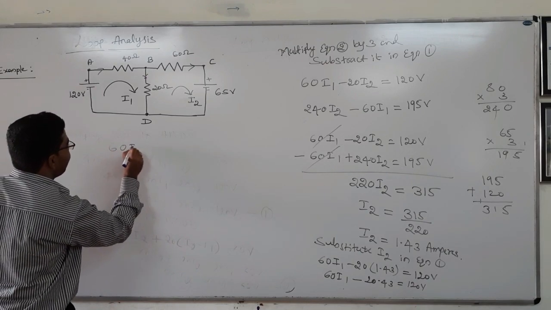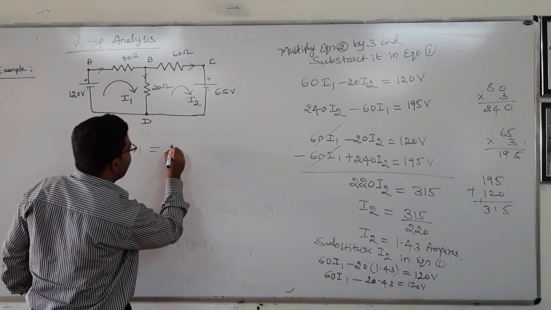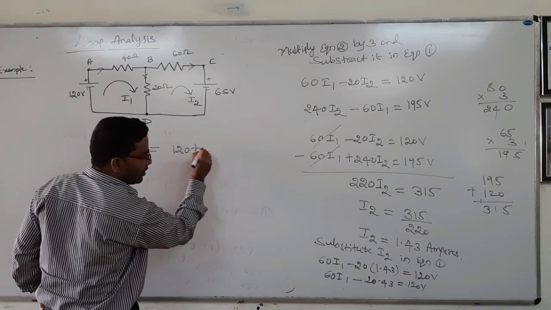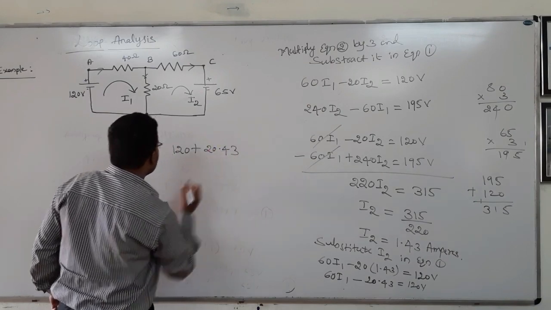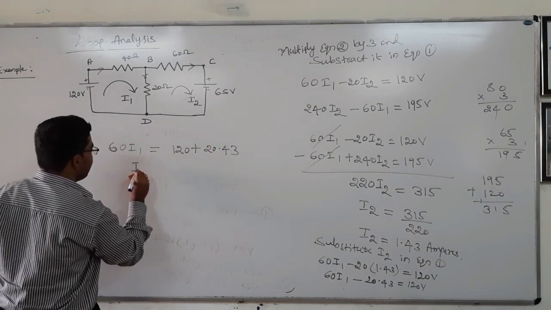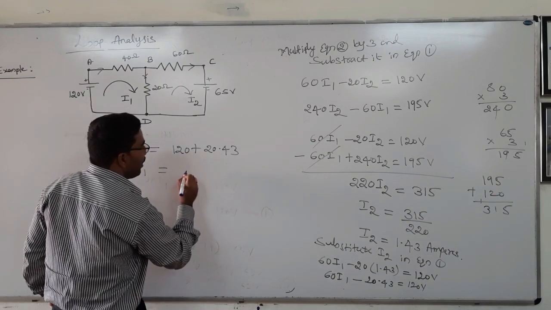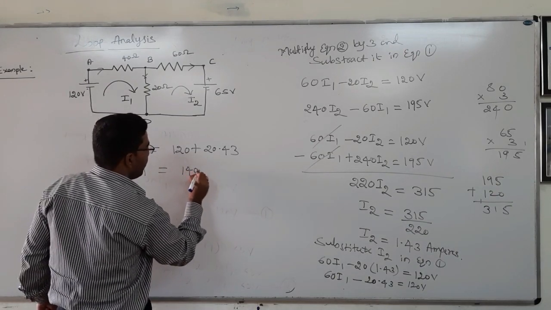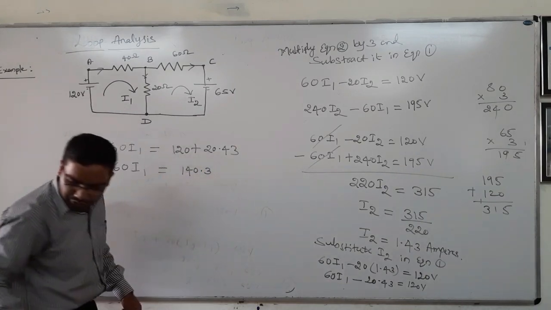I1 as it is, then 120 plus 20.43, what will I get? 60 I1 equal to 140.43.